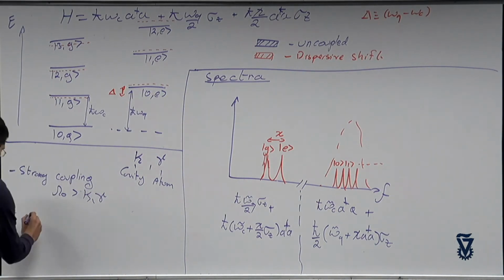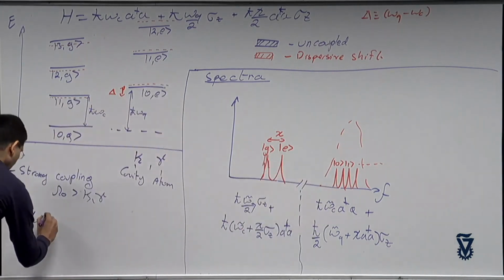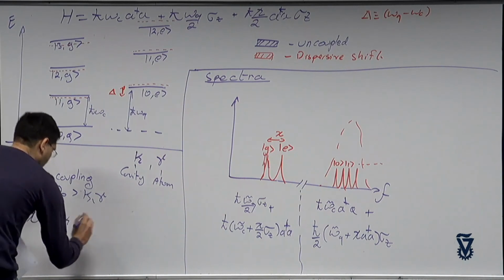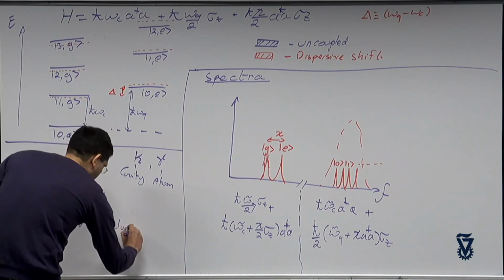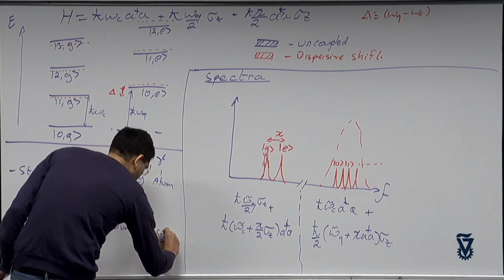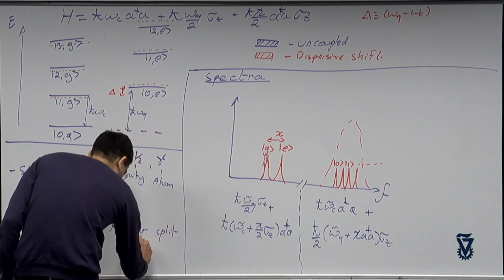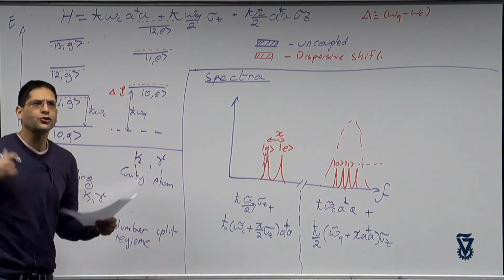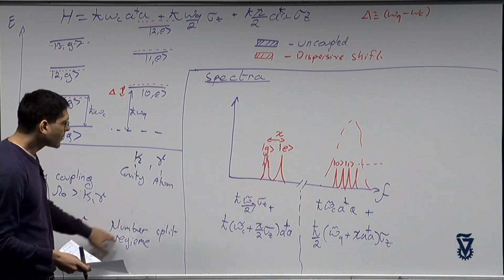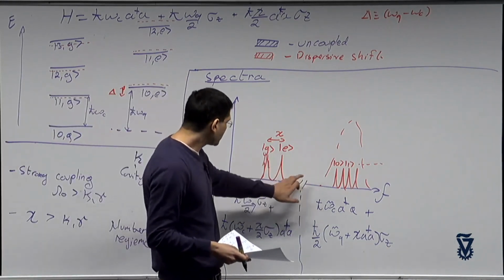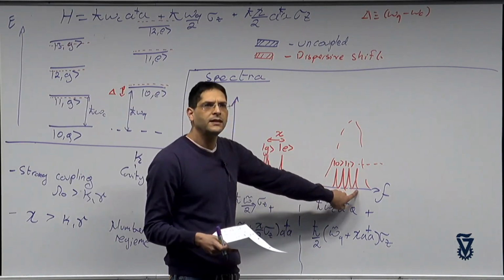The other regime is when chi, our small parameter here, is larger than kappa and gamma. And this is sometimes referred to as the number split regime, or strong dispersive regime. And in this regime, what is happening is that you can actually see these distinct peaks.